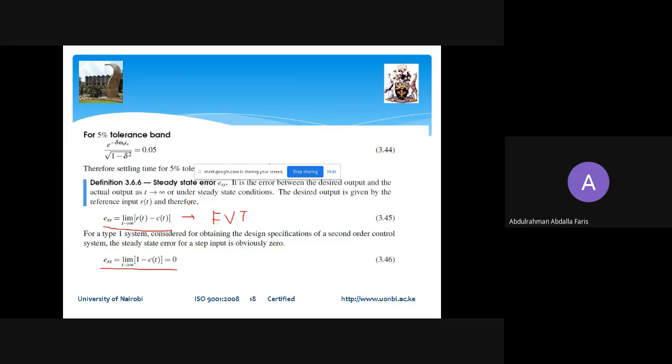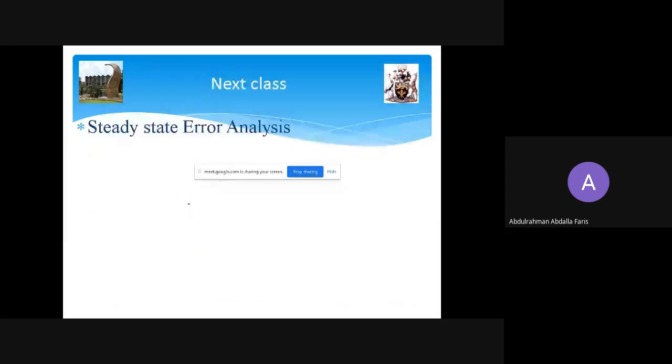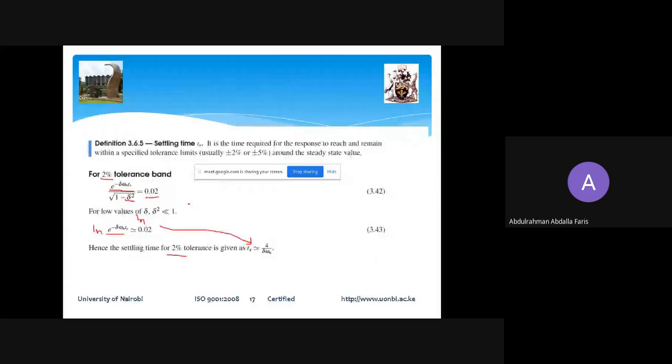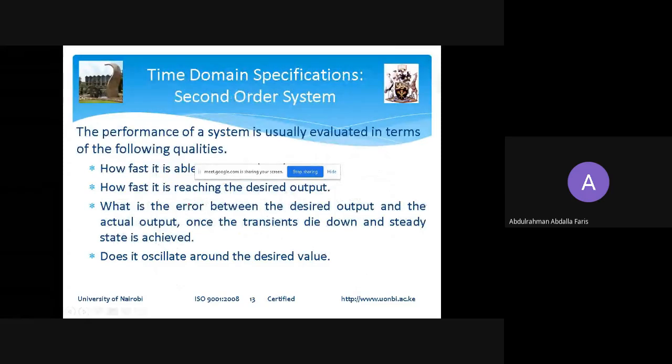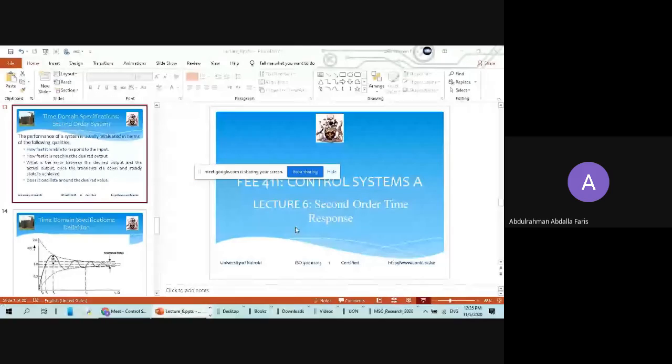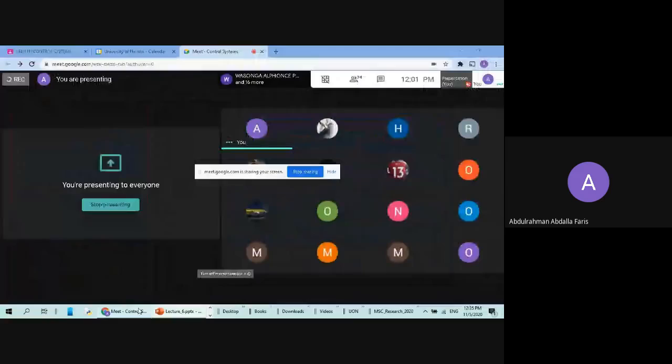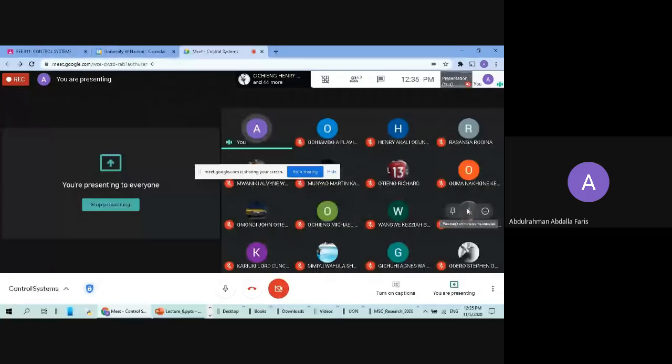Tomorrow we'll start with steady state error analysis. So, any question?